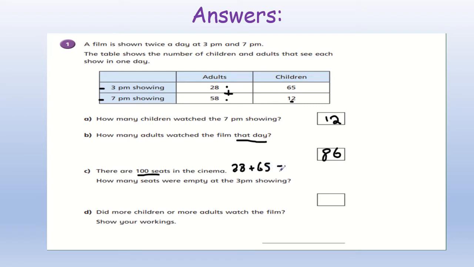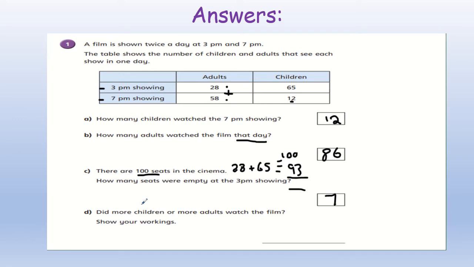So if you add those together, we have 93. So what's the difference between 93 and 100? 7. So there must have been 7 empty seats.